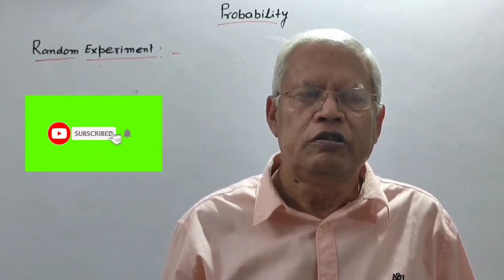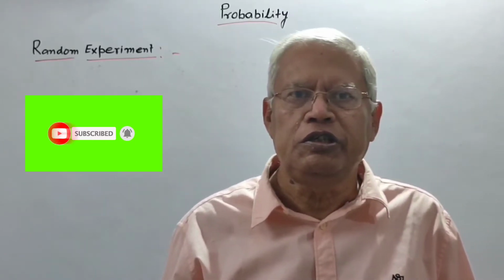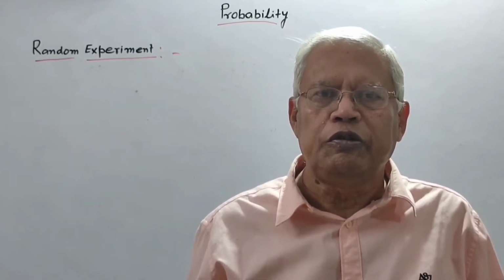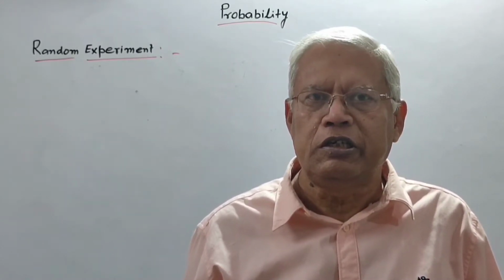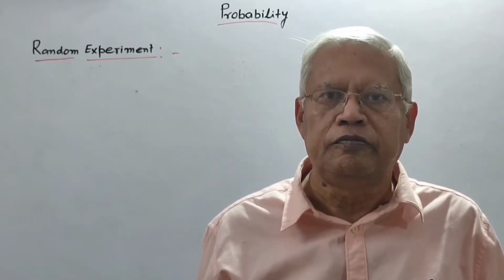For example, suppose you want to find the value of g, acceleration due to gravity at a particular place. If you repeat these experiments again and again, every time you will get the value of g same.